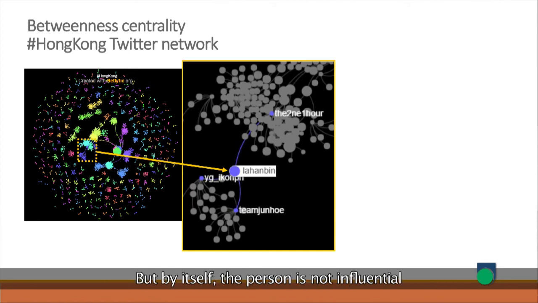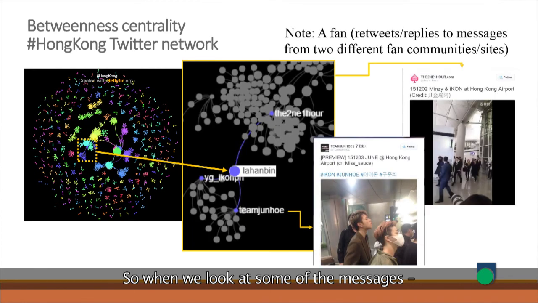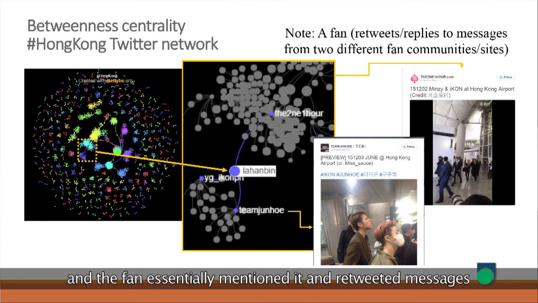But by itself, the person is not influential according to in-degree or out-degree because he or she has only a few connections. I think there are only 3 connections. When we look at some of the messages, these are public Twitter messages, it's another fan, and again, a lot of messages about that festival and groups. The fan is essentially mentioning and retweeting messages from 2 different fan communities.